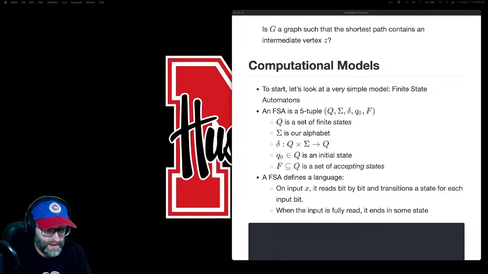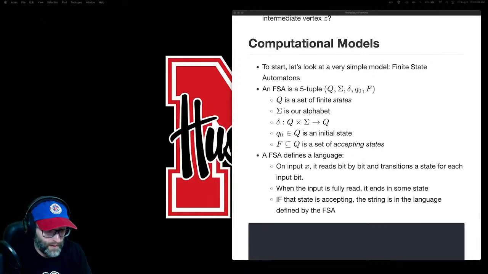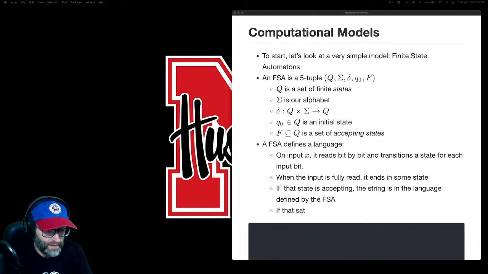If that state is accepting, the string is in the language defined by the finite state automaton. If that state is not accepting, the string is not in the language.